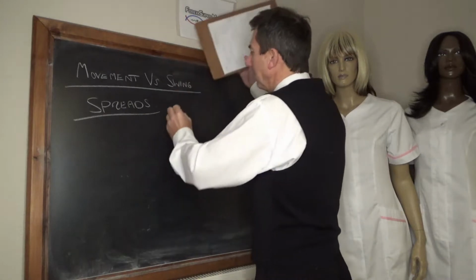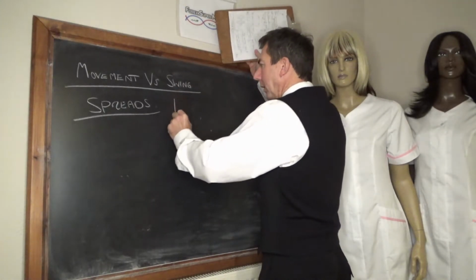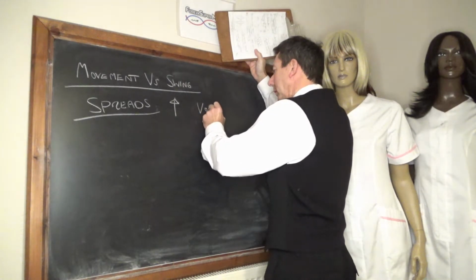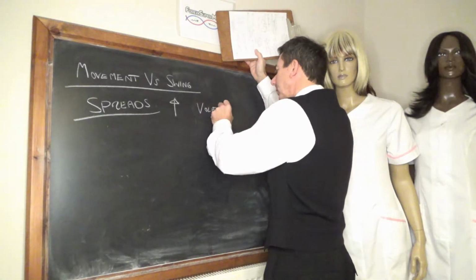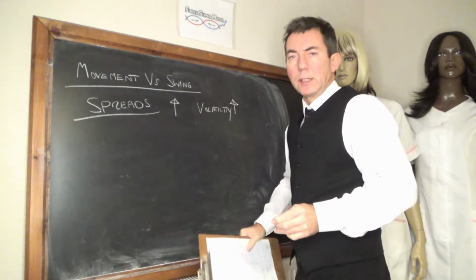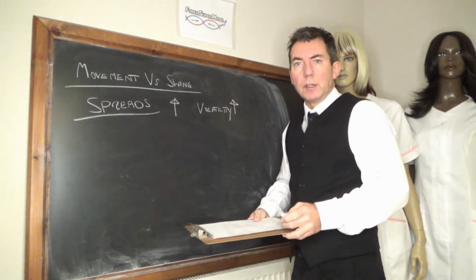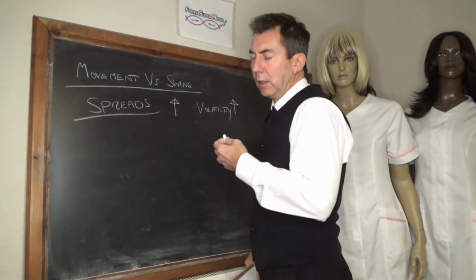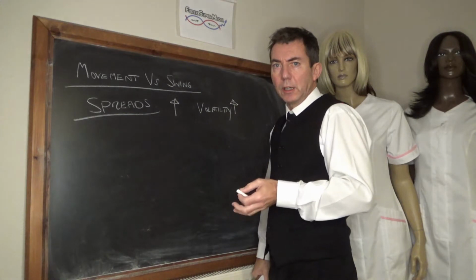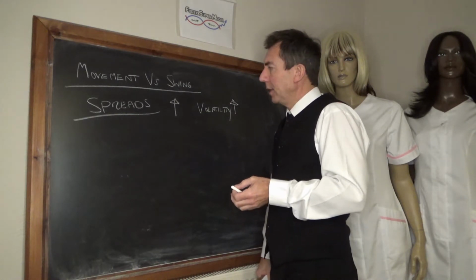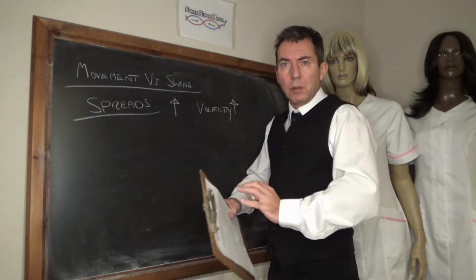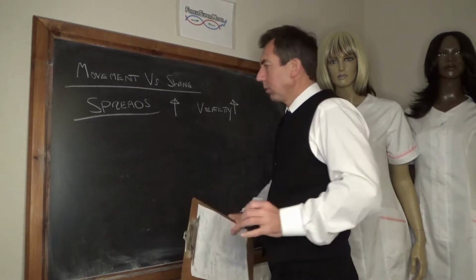So when spreads are going up, that suggests volatility, and there's good reasons for this, which we don't need to go into detail, but suffice it to say that when you're getting significant changes in underlying volatility, then to compensate, the market makers will open the spreads, widen the spreads.